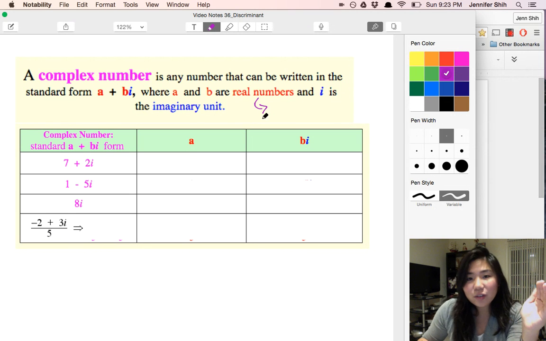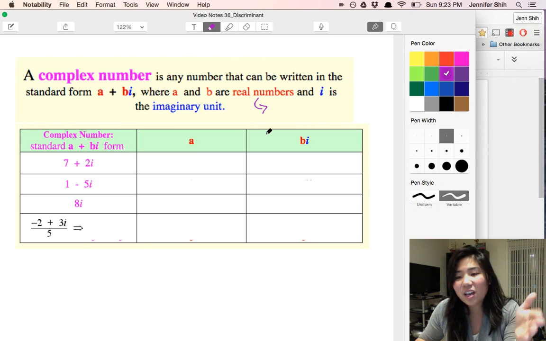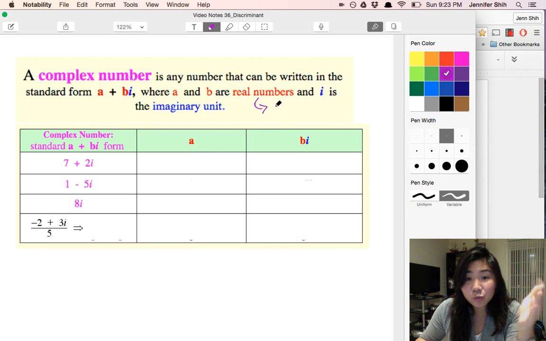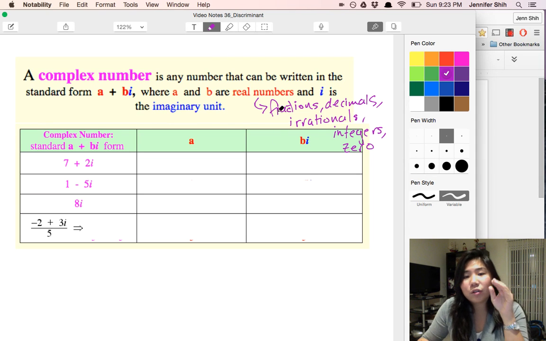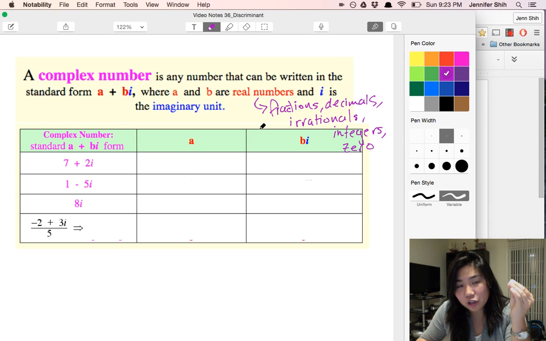As you pause this video so you can write down this definition, you can also put down under real numbers and annotate that these include fractions, rational numbers, decimals, irrational numbers, integers, even 0. These are all included in real numbers. Those can be a and b, and then i is going to be your imaginary unit.